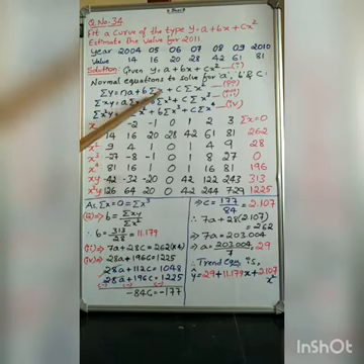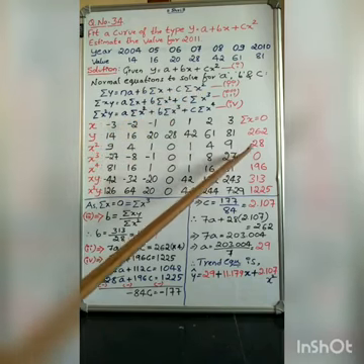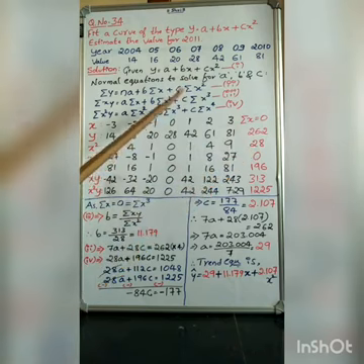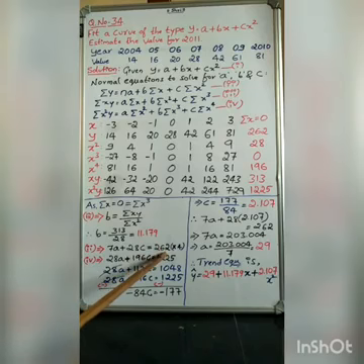Summation of x is 0, so this entire term goes 0, plus C summation of x square. Summation of x square is 28. C constant, so 28C. 7A plus 28C is equal to 262 is this second equation.